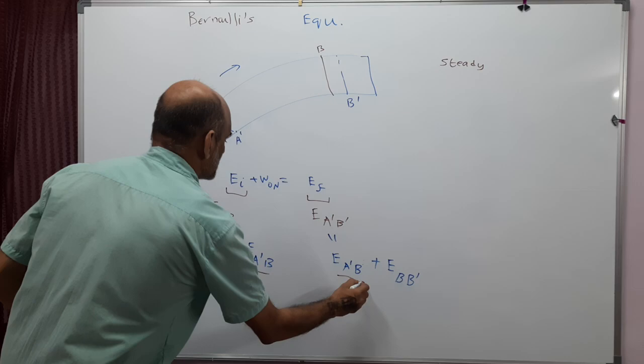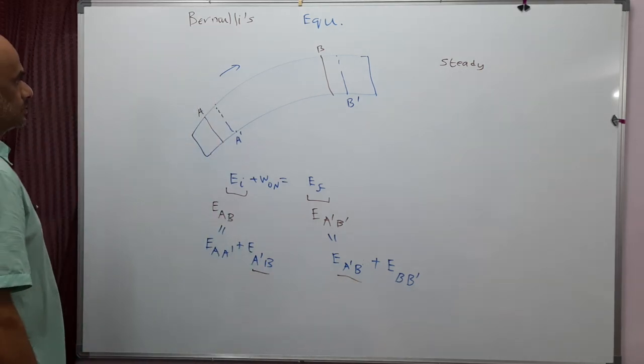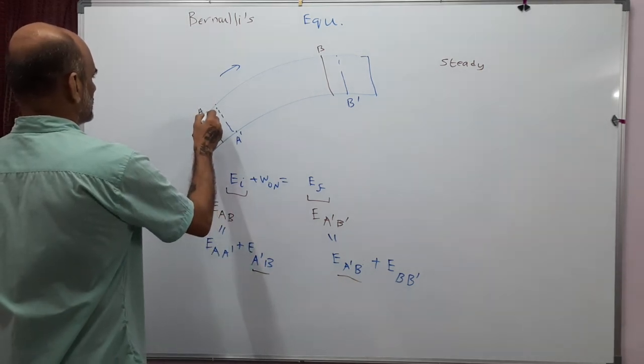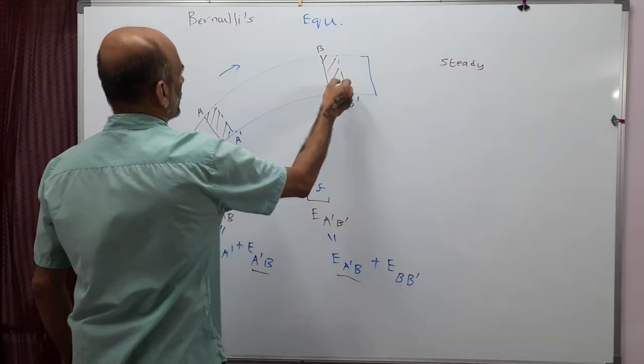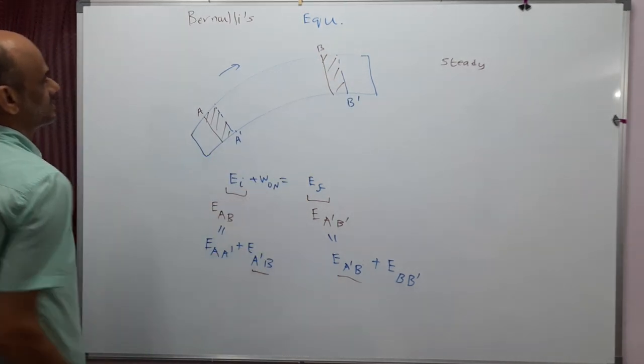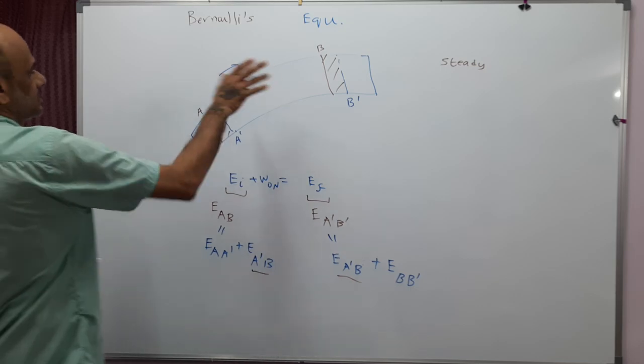So this and this are same, so they will cancel. So the energy of this liquid and the energy of this liquid are the same except for the work done on this liquid.